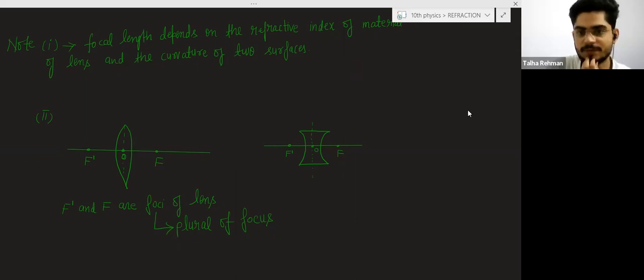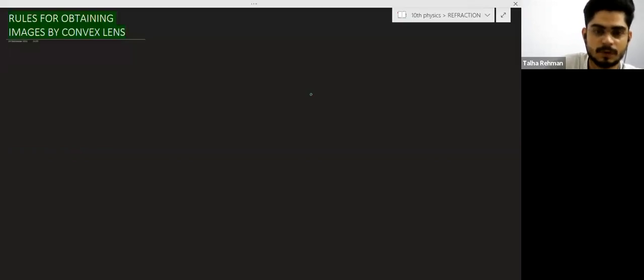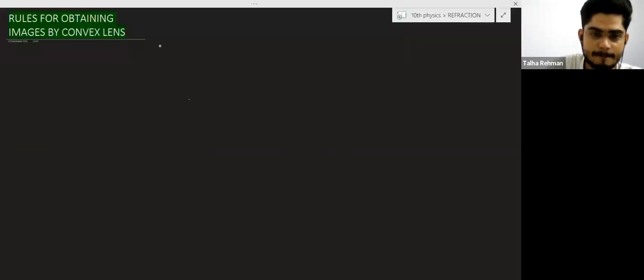So now we will have rules for obtaining images. Which lens is this?